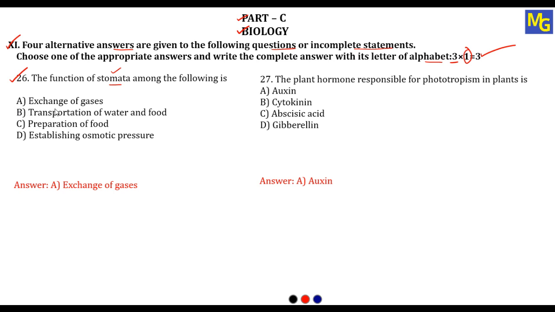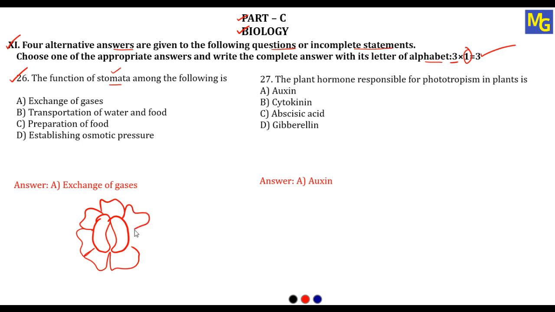Option A is exchange of gases. Option B is transportation of water and food. Option C is preparation of food, and option D is establishing osmotic pressure. So here, as we all know, the stomata in the leaf has a small pore at the center and guard cells around, and then these are the normal cells which are present like this.